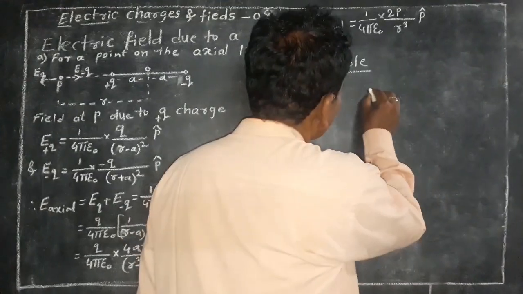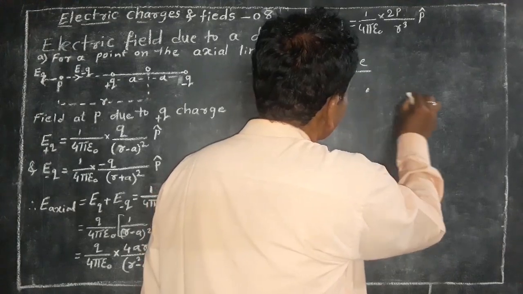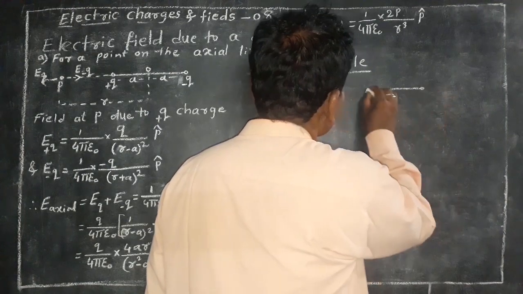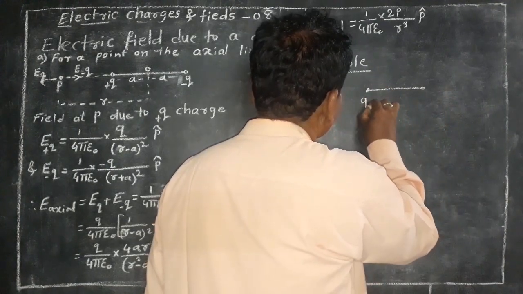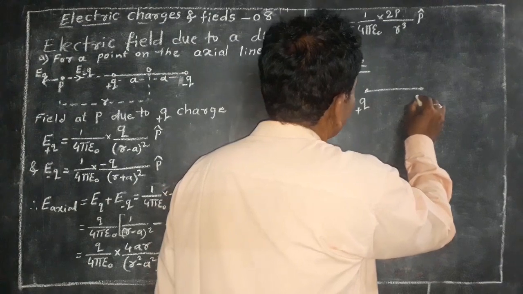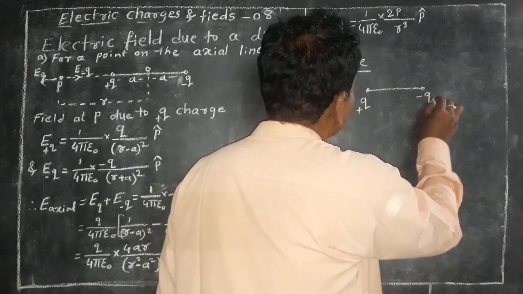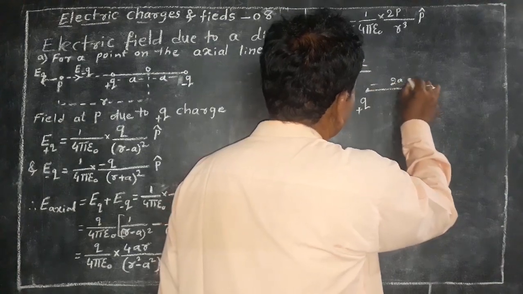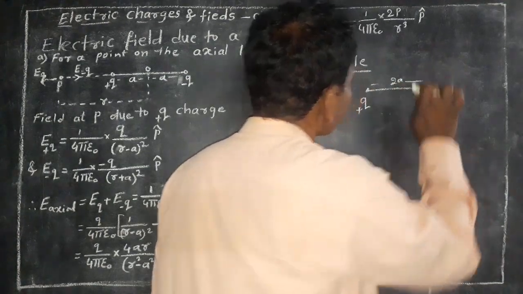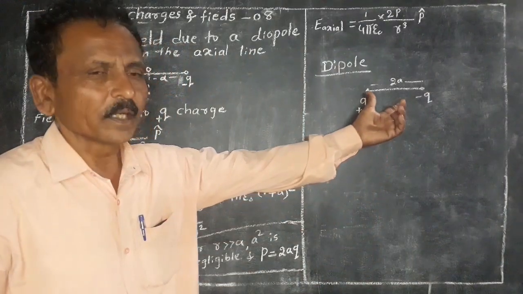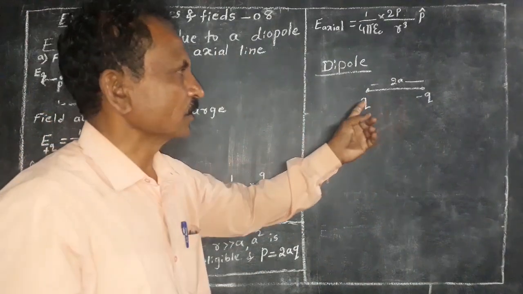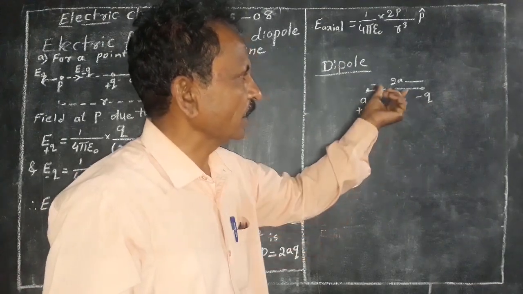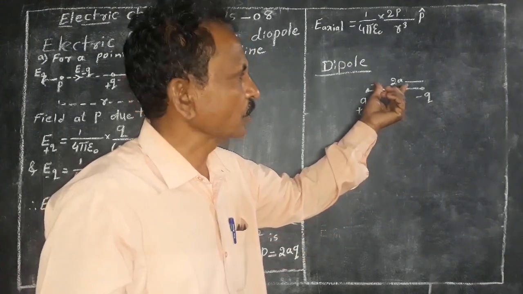Therefore, a dipole is a system of two equal and opposite charges, plus q and minus q, separated by a distance 2a. This is called an electric dipole.